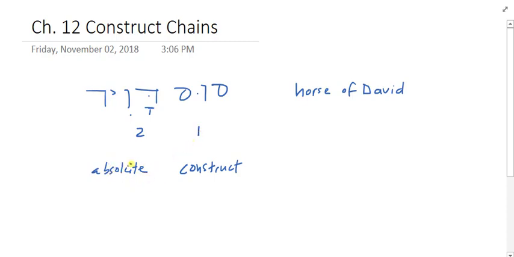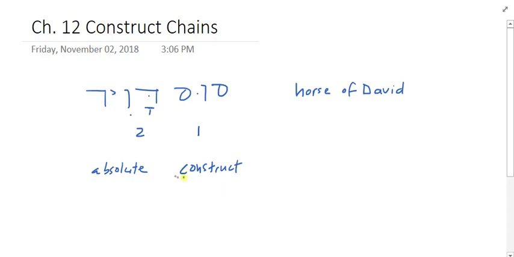The lexical form and the absolute are the same thing. The absolute noun is the basic form. The construct form sometimes will be modified from the lexical form. It might be that there's a slightly different ending, or you might see a slightly different set of vowels. There might be some vowel changes. And we're going to talk about how to identify those in just a little while.